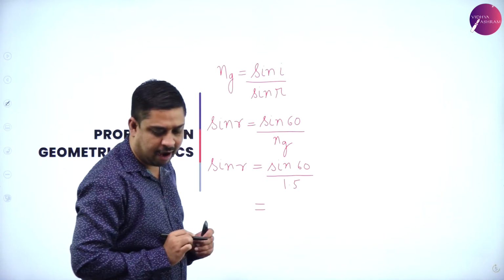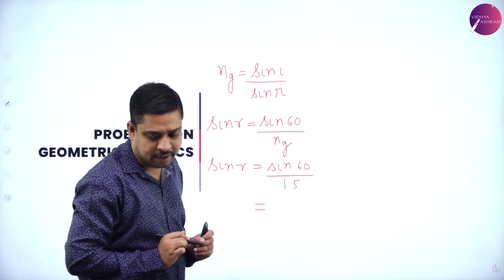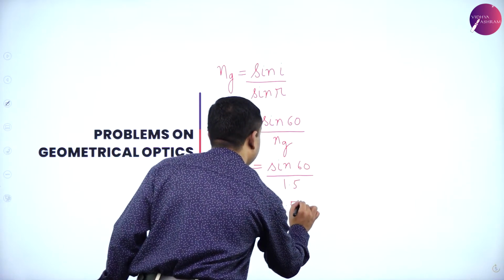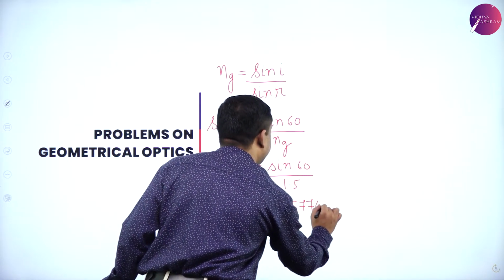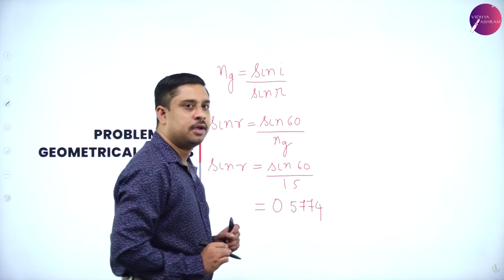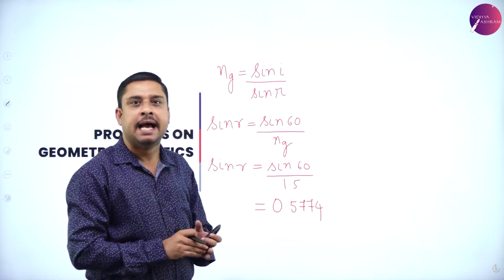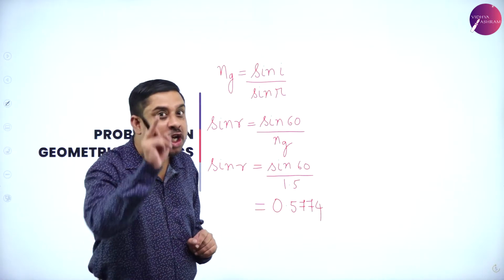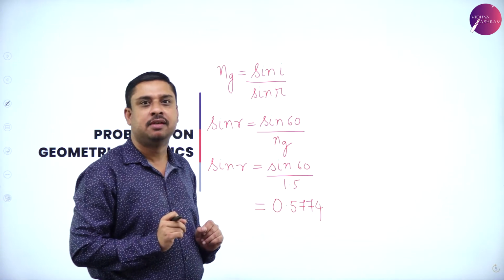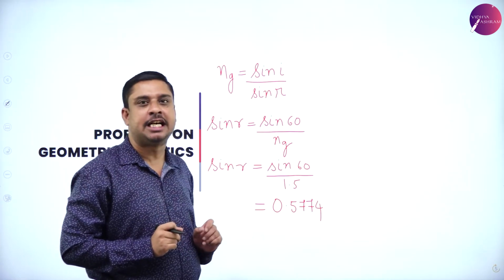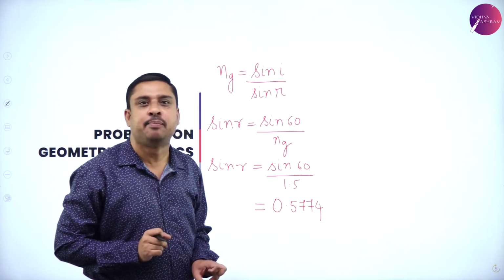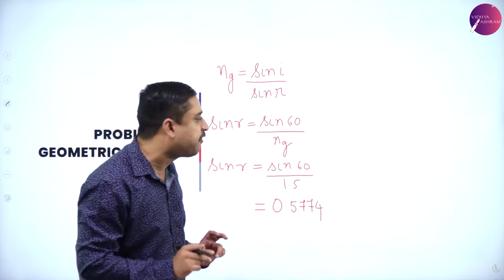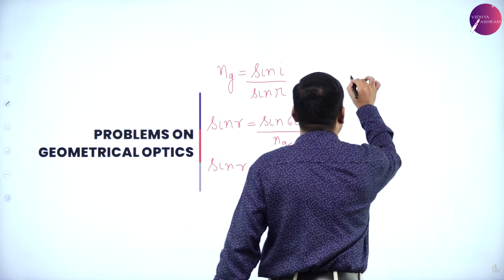So sine R turns out to be 0.5774, from which now I have to calculate the value of R. Use your log tables. Use your calculators. Cross-check the simplifications. There may be an error here and there. You have to be precise.